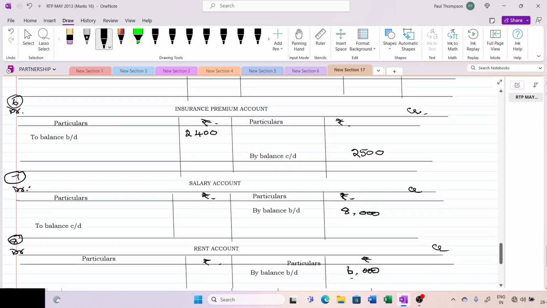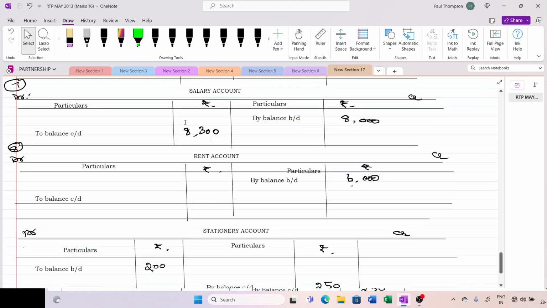See here, the opening outstanding was on the credit side. Closing balance should appear on the opposite side. So this closing balance of salary is 8,300, and rent closing is 6,000. Done. So we have posted the current year on both sides now.